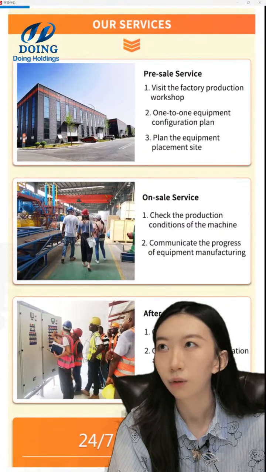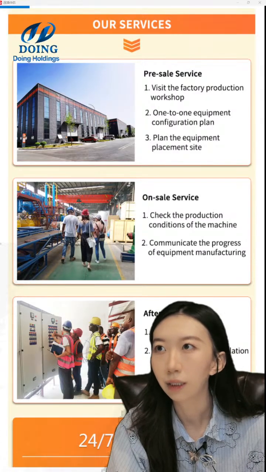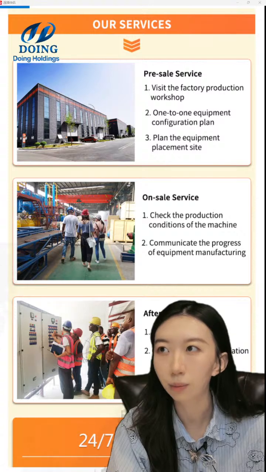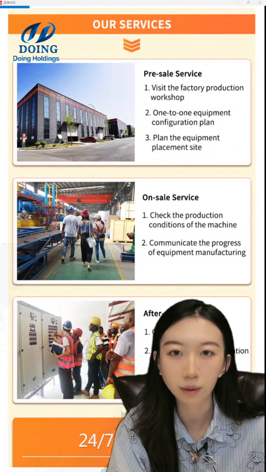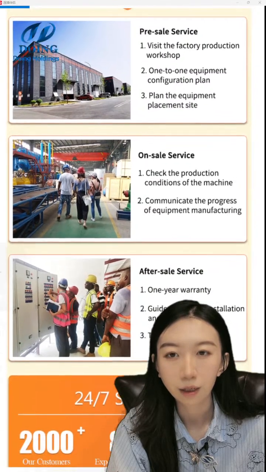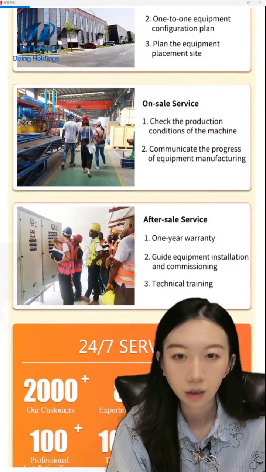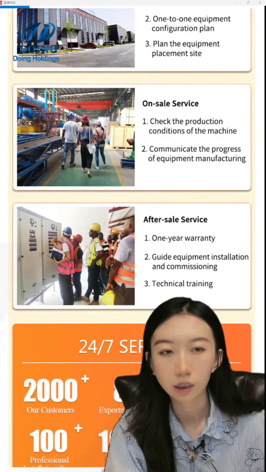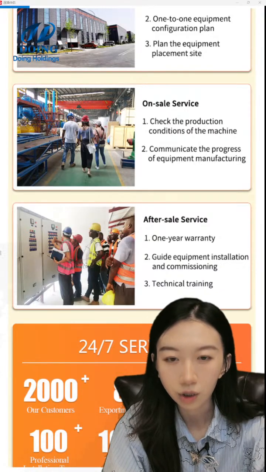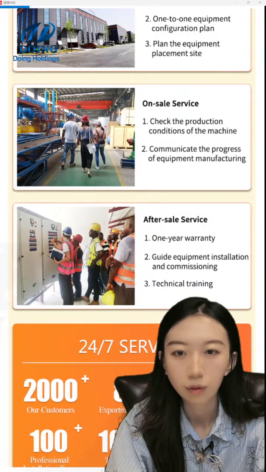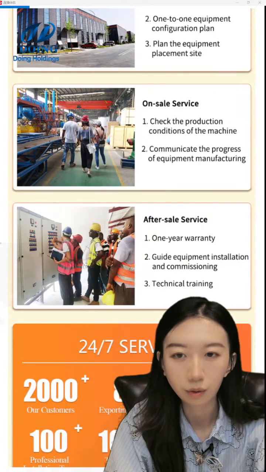This is our services. You can visit our factory production workshop, and we can give you one-to-one equipment configuration plan, and we can produce the equipment for you, the production line or single machine, all equipment we have.